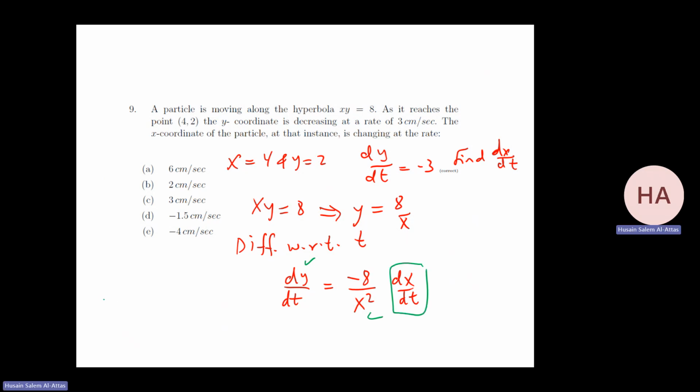So I have minus 3 equals minus 8 over 4 squared, which is 16, times dx by dt. So dx by dt will be equal to minus 3 times 16 over minus 8. This is 1, this is 2, minus, so it will be 6.